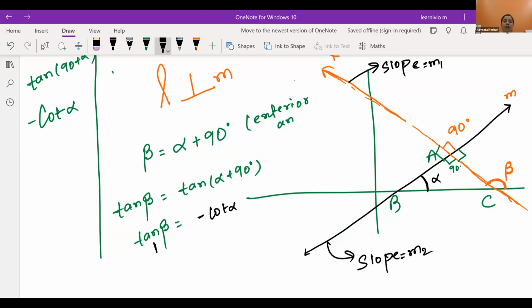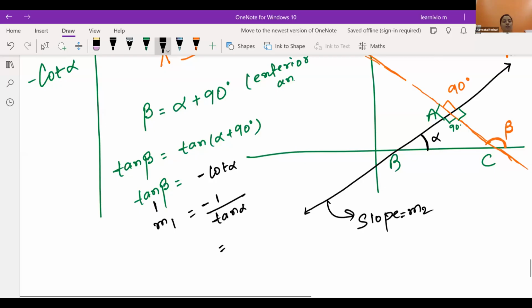So tan beta can be written as m1, and minus cot alpha can be written as minus 1 by tan alpha. Why are we converting to tan? Again, because we want to use the slopes m1 and m2. So from here you get the relation that m1 is equal to minus 1 by m2.